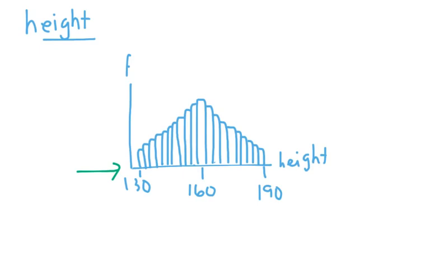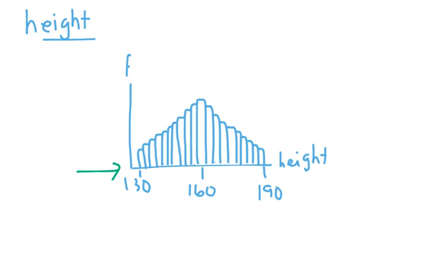Let's say for the histogram that we have here, the lowest height in this distribution is 130 cm, and the highest height is 190 cm. This is our histogram for the height.